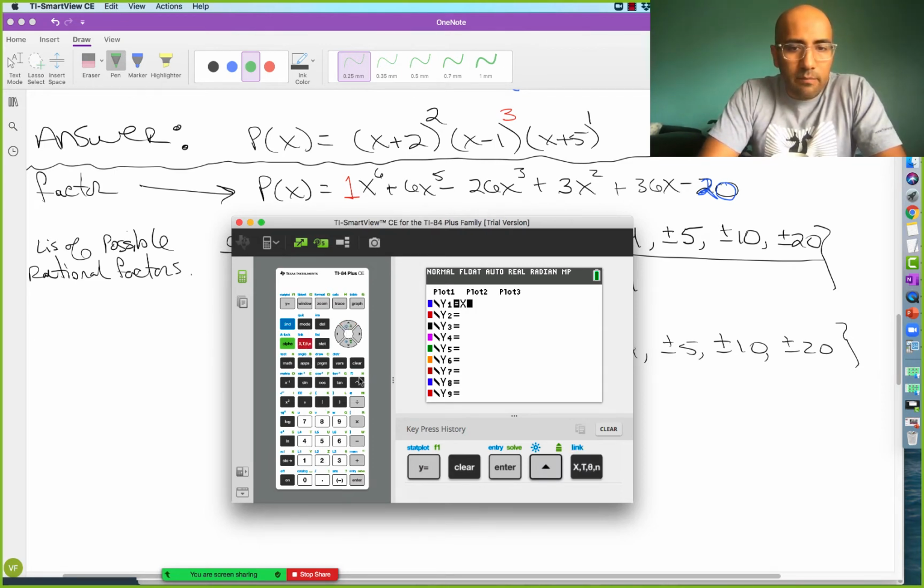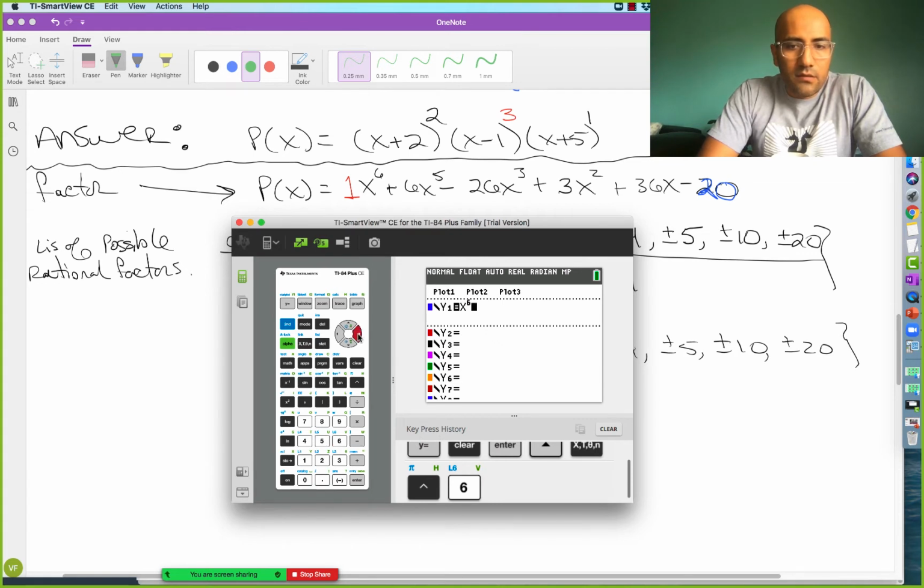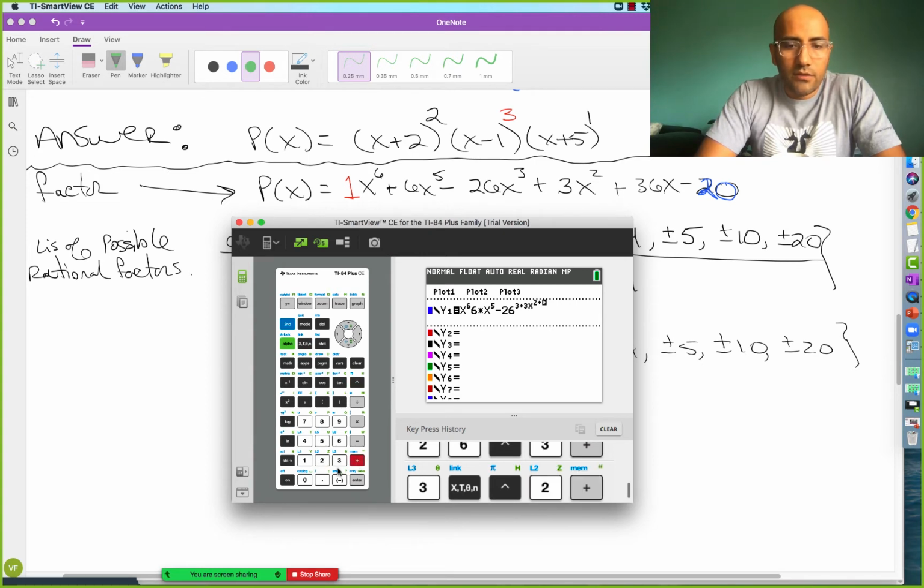So we want x to the power of 6, and then 6 times x to the power of 5, enter, and then minus 26 to the power of 3 plus 3x to the power of 2 plus 36x minus 20.